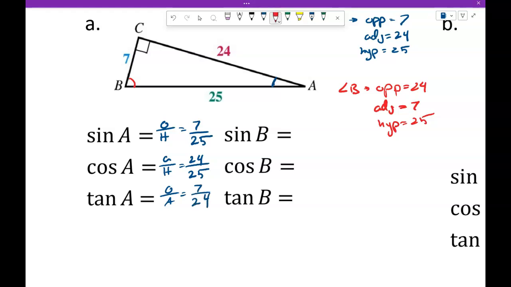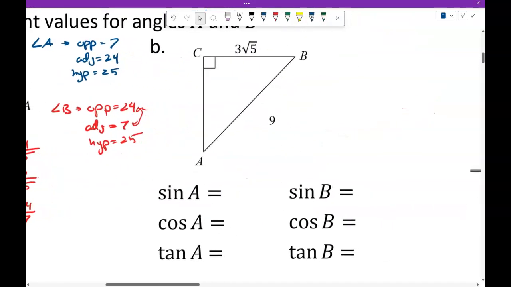While sine of B, since opposite and adjacent are switched, that means sine is now going to be 24 over 25. Cosine will be 7 over 25. And tangent will actually be 24 over 7. So every place where we used opposite and adjacent switched when we changed our angle.